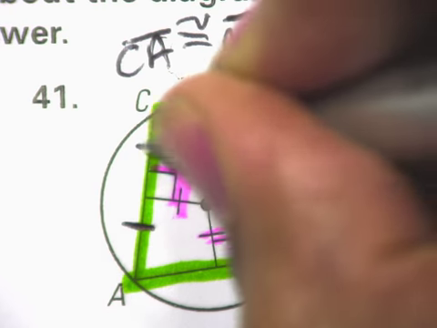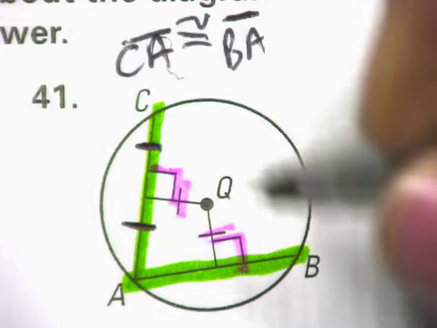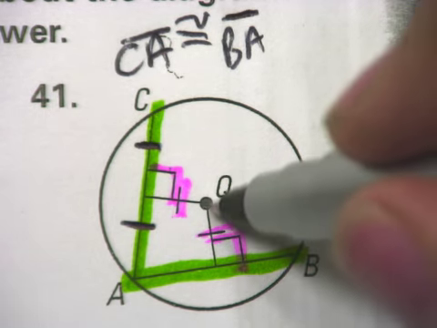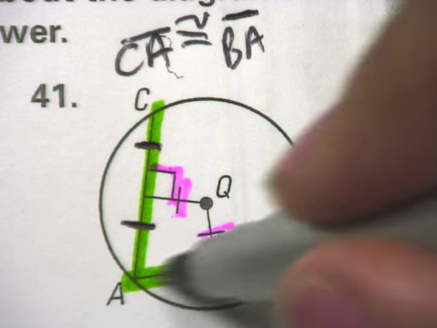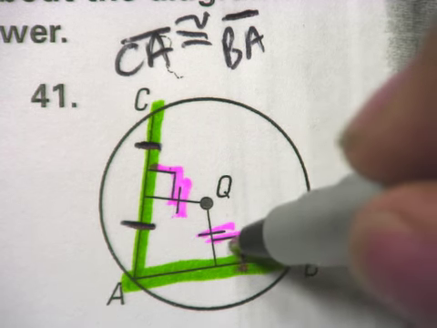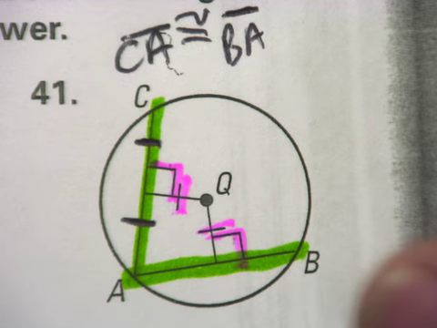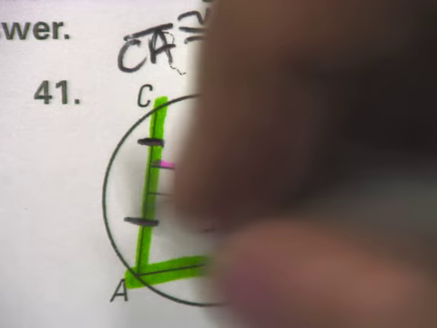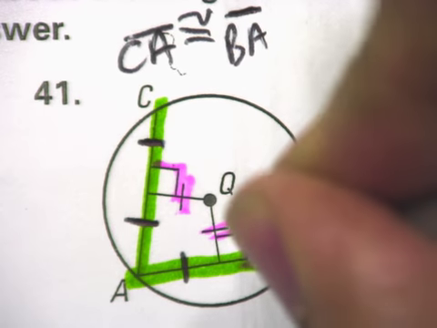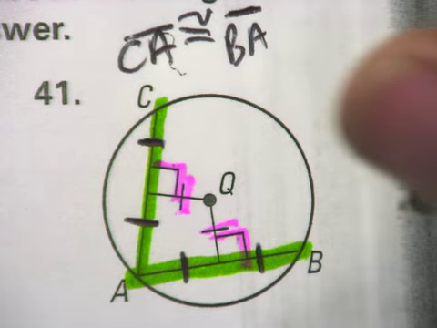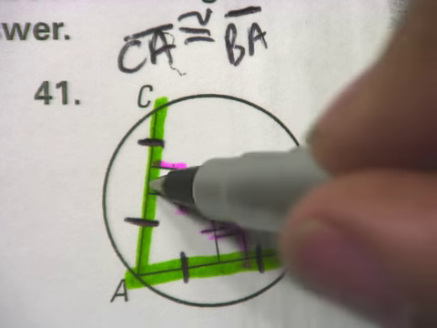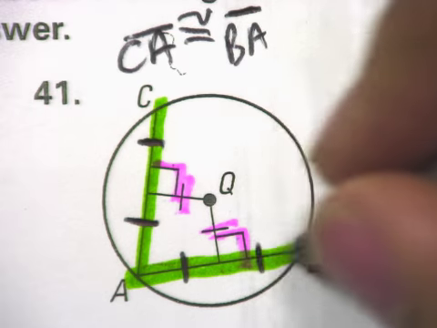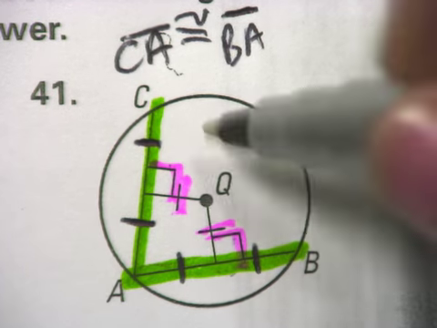Which means that if CA is perpendicular with this line here, then I know that this chord can be bisected. I also know that chord AB is perpendicular with this line here, and if it's perpendicular, then chord AB is also being bisected.